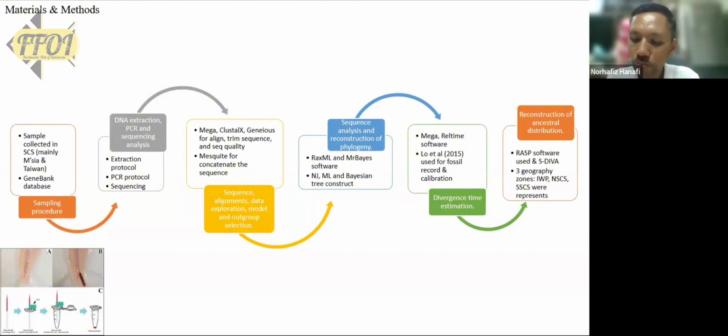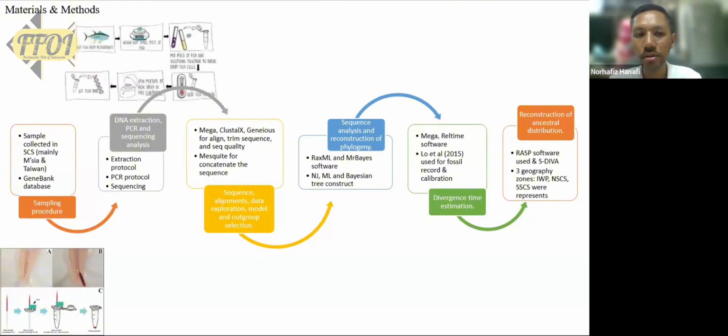Sebab saya nak tahu ancestor ni berasal daripada, this ancestor is coming from the basin South China Sea, either northern or southern South China Sea. So that's why I have hypothesis to confirm this one.